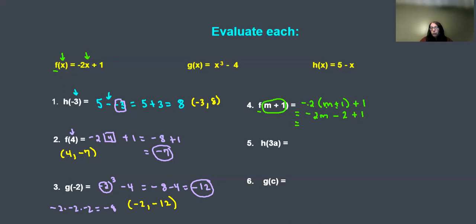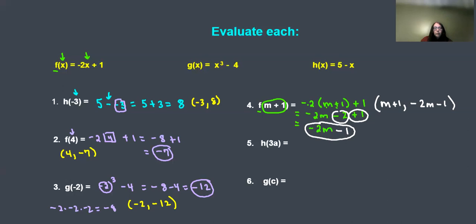We don't have that, so bring down your -2m. And then you've got a -2 and a +1. If you add those, you're going to get -1. And that's your answer. So if you input m plus 1, your output is going to be -2m minus 1. That's what that tells you.